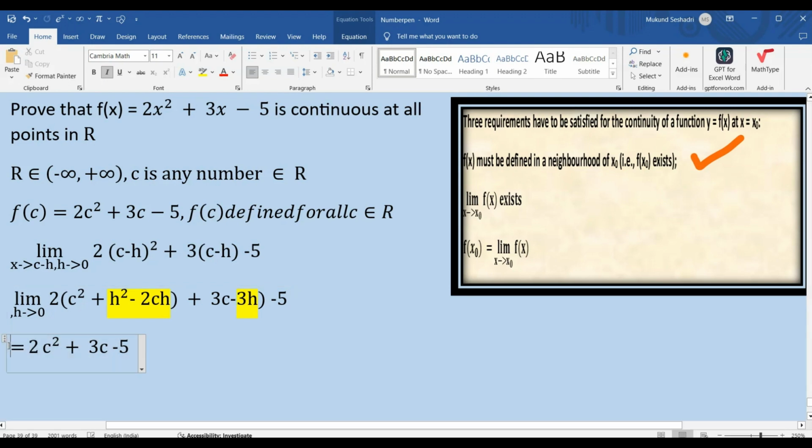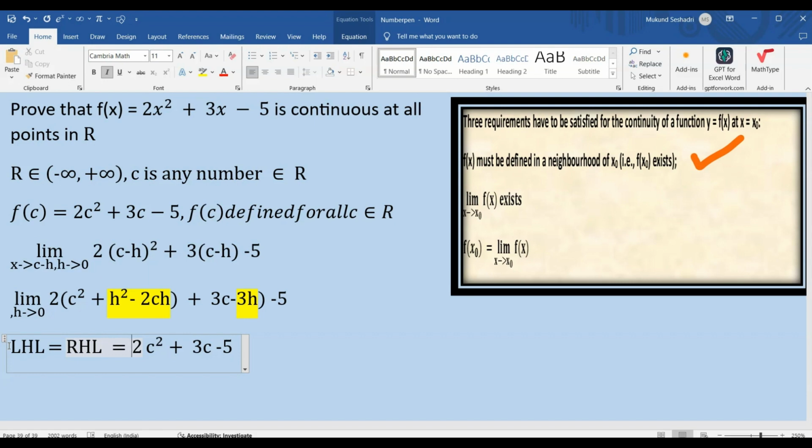And what does that establish? My LHL and the RHL, which we initially worked out, both of them are equal, and they take a value 2c square plus 3c minus 5 at the point x tending to c, right?